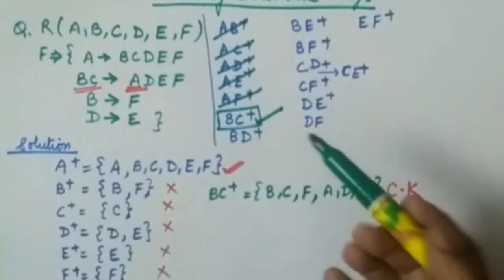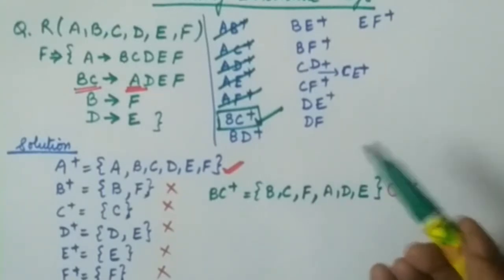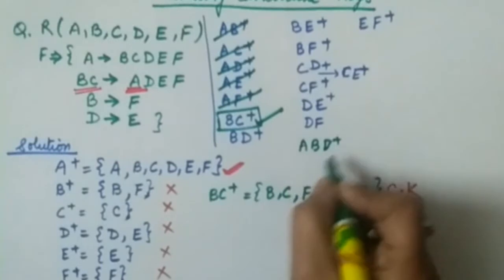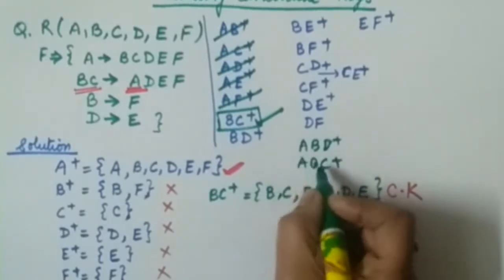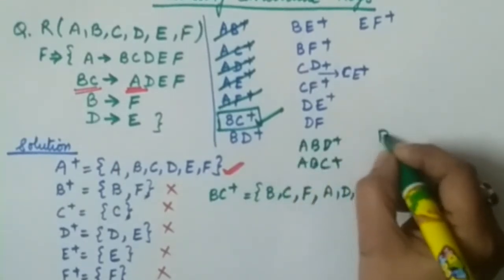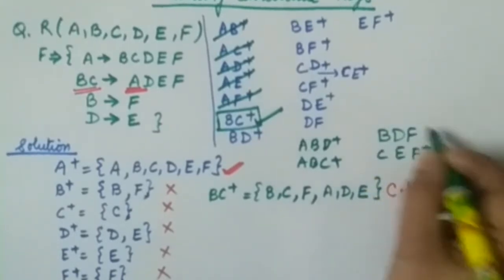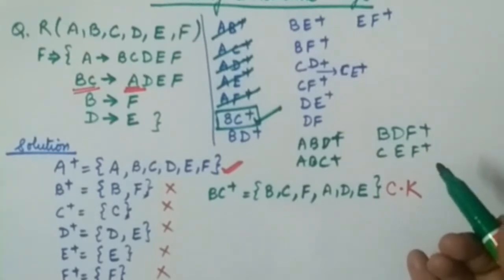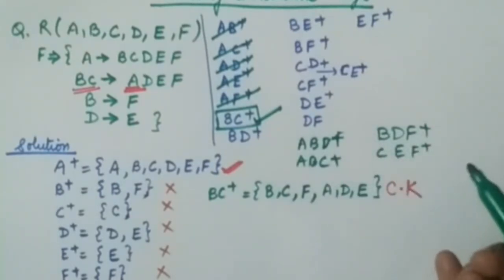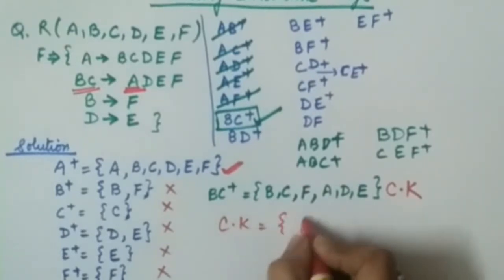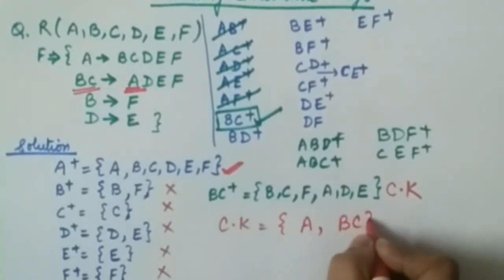Similarly with the three pair candidate key, if you try for the three pair like ABD, ABC, BDF, CEF, etc., any three pair set closure will result in super keys. So for this relation, there are only two candidate keys, which are A and BC.